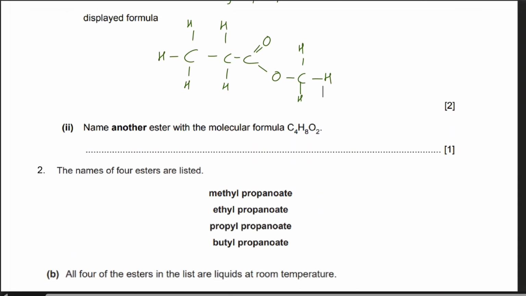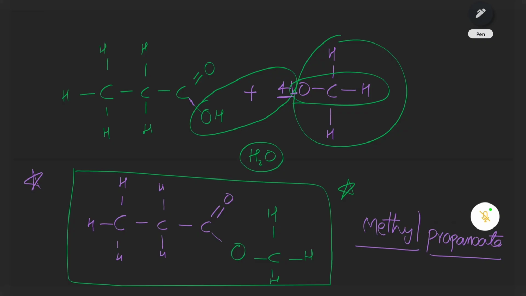Name another ester with the molecular formula C4H8O2. Now this time they're asking us to have the same number of carbons, same number of hydrogens, same number of oxygens. But is there a possibility that I can get another ester with the same number of carbons, hydrogens and oxygens? Yes, you can.